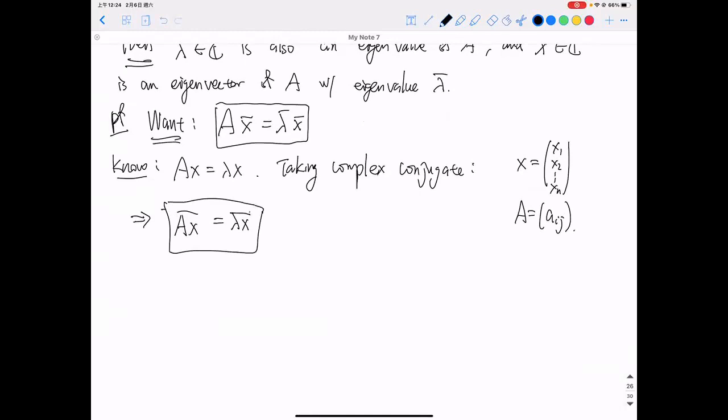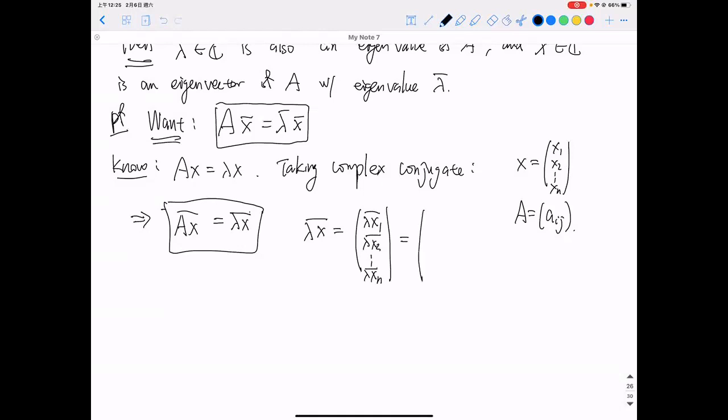If x is like that, then the conjugate of lambda x is lambda x1, lambda x2, down to lambda xn, all with the bar.